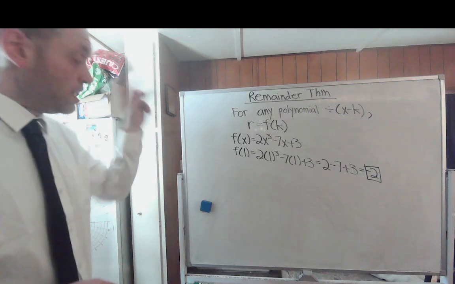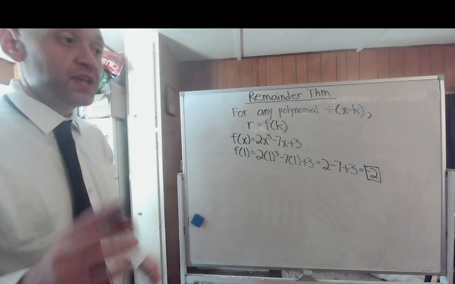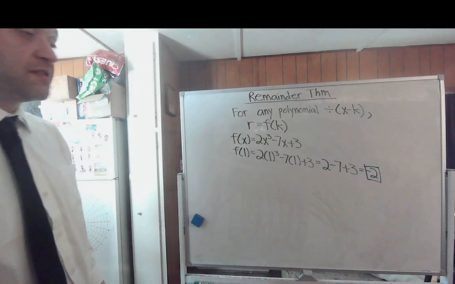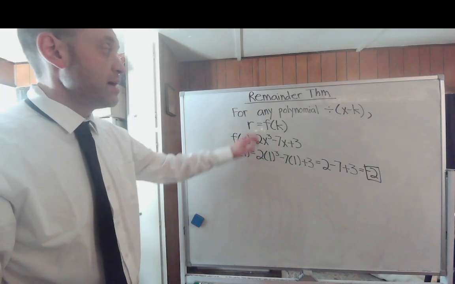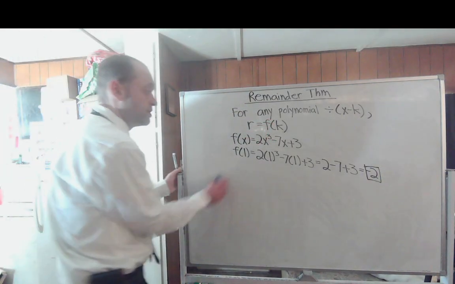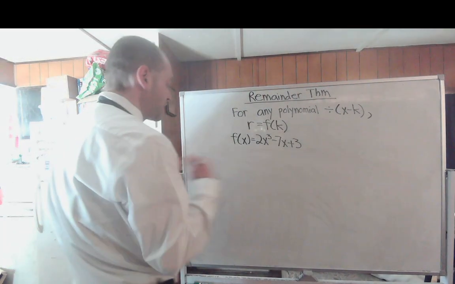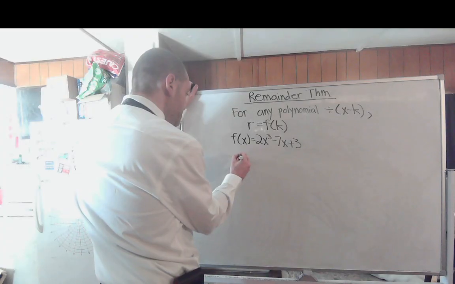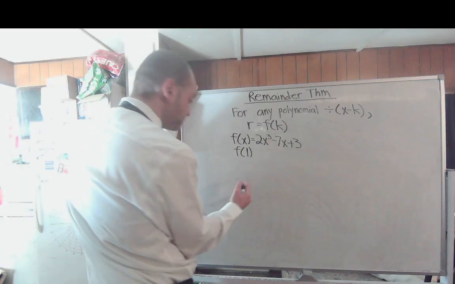Well, this remainder theorem states that I can use synthetic division. I can divide the polynomial itself by 1, and then my remainder is equal to that f of 1. So let's show you now synthetic substitution. So let's do f of 1 using synthetic substitution, okay?